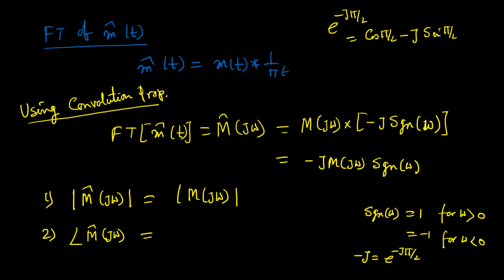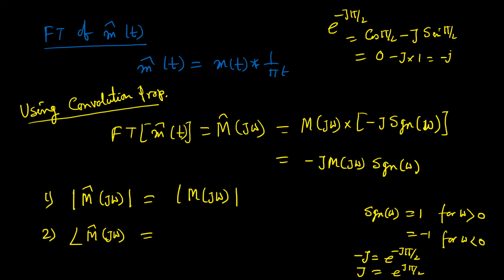By the theorem, e to the power j theta equals cos theta plus j sin theta, or e to the power minus j theta equals cos theta minus j sin theta, right? So cos pi by 2 is 0 and sin pi by 2 is 1, so this is minus j. So minus j we can write as e to the power minus j pi by 2. Similarly, plus j we can write as e to the power plus j pi by 2.